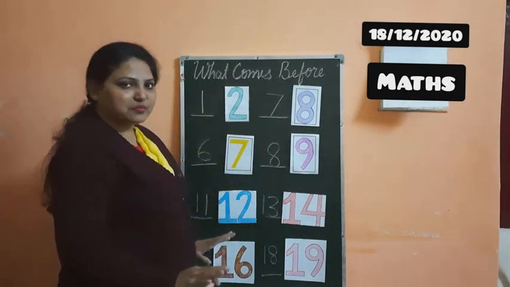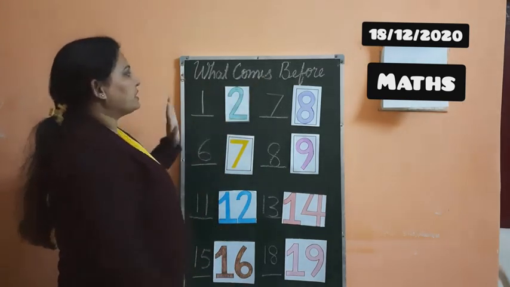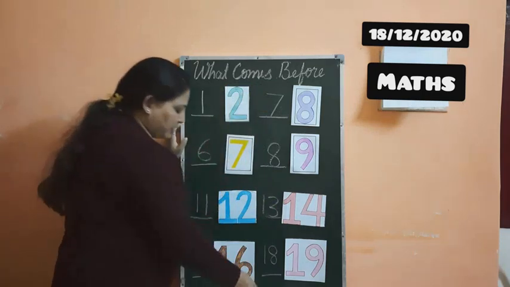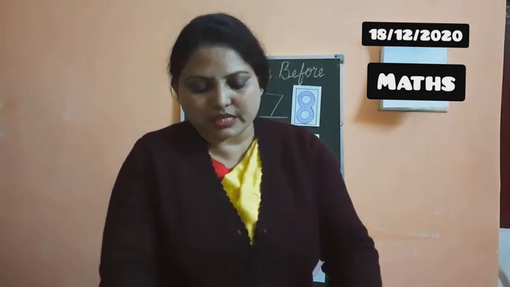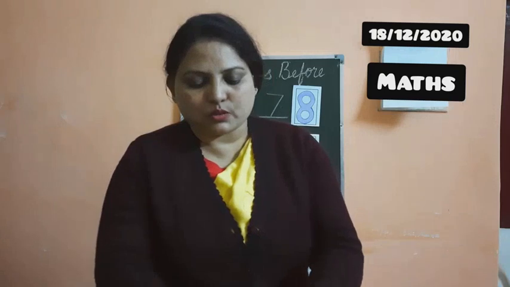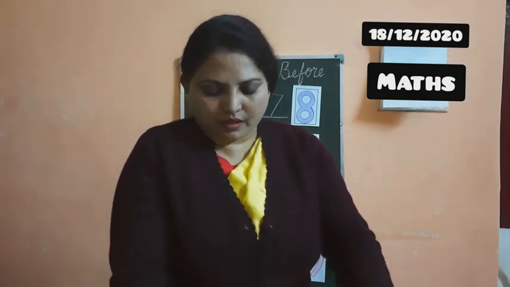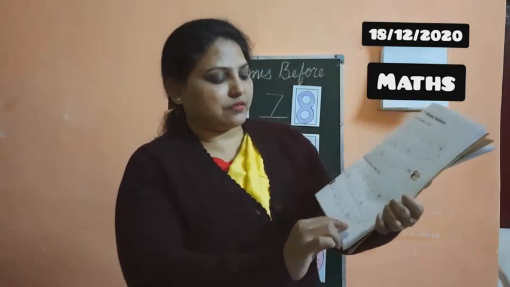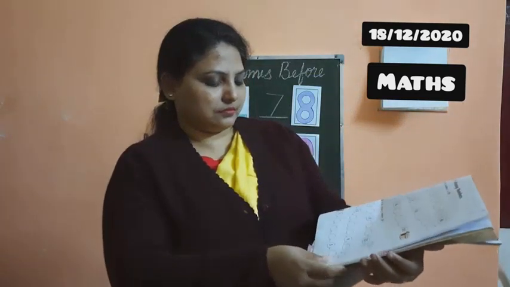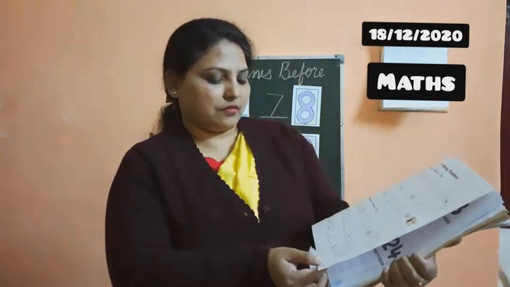All have learned before. So children, this is your new topic: what comes before, within 1 to 20 numbers. Now children, in the book it is given here. You can see backward counting 1 to 20. I will show you. Here these are missing numbers. You can see the page number, this is 51.